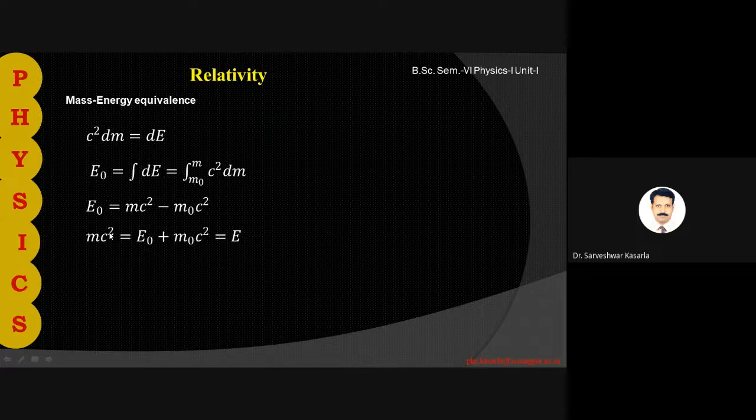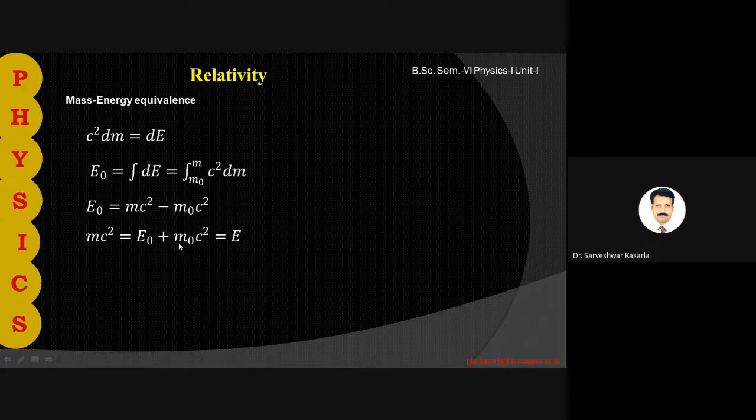So mc square is equal to E0 plus m0 c square, which is equal to the energy E. This energy is nothing but the total energy: the change in energy because of the change in mass, plus the initial energy possessed by the particle having rest mass m0.